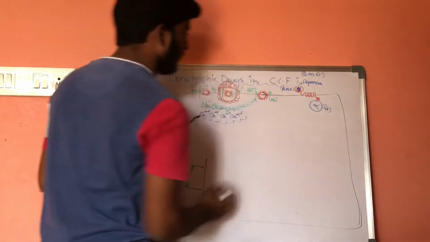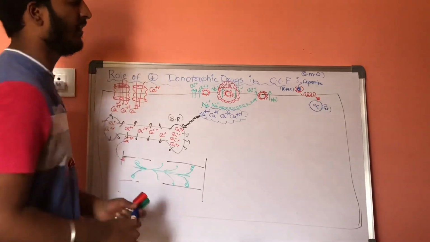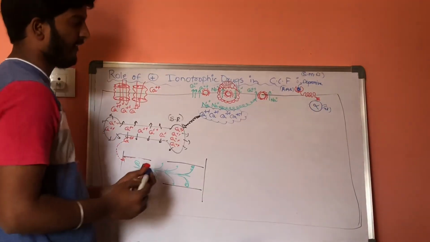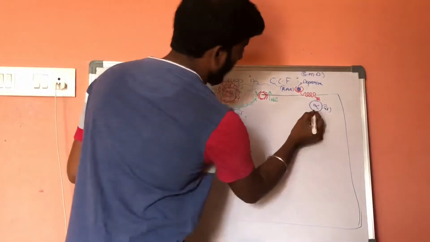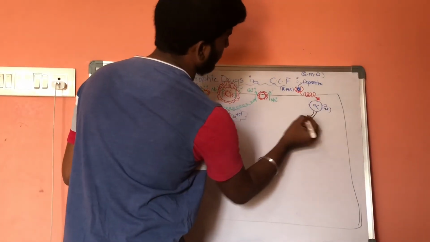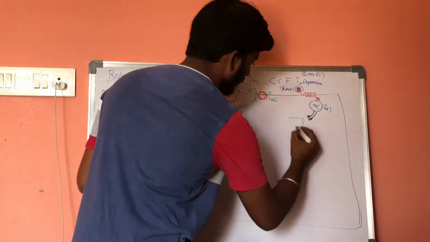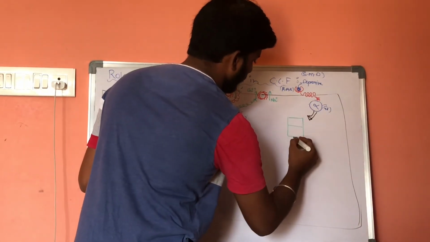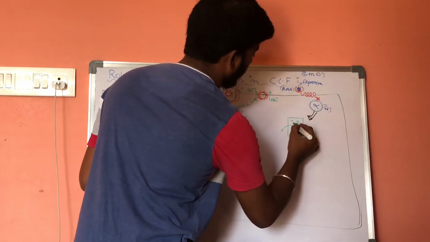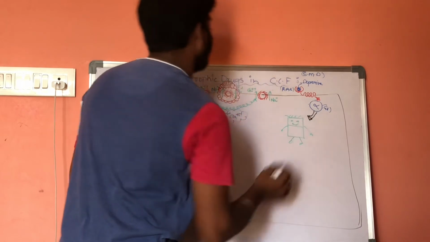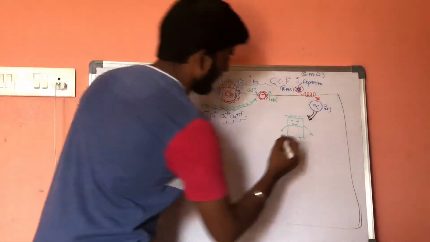This G stimulatory protein will activate another enzyme. The name of this enzyme is adenylyl cyclase.